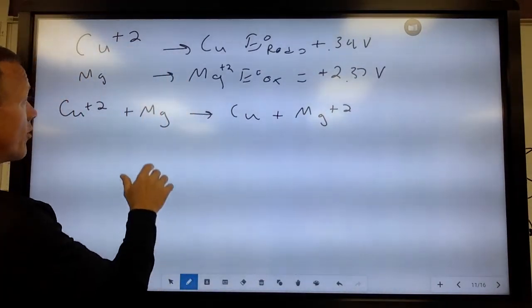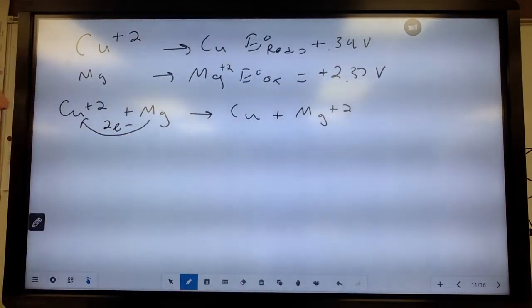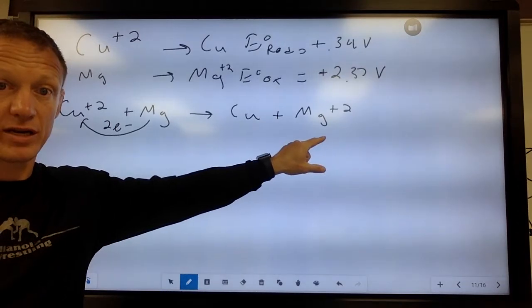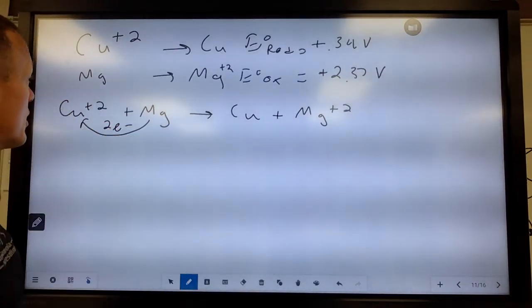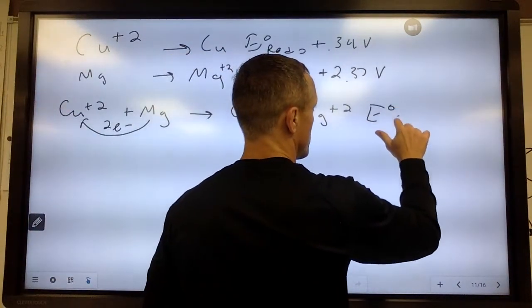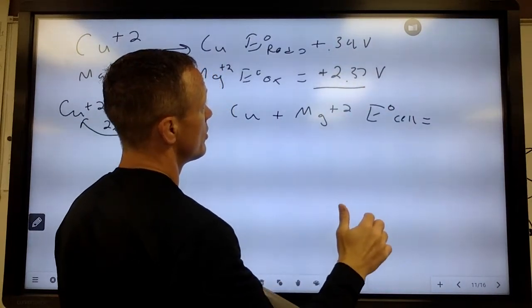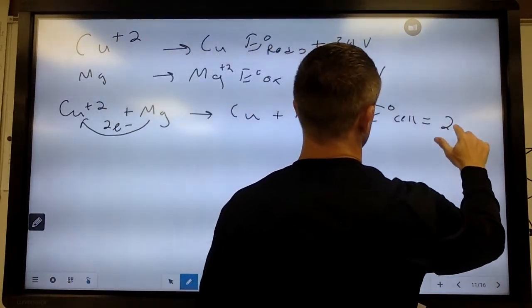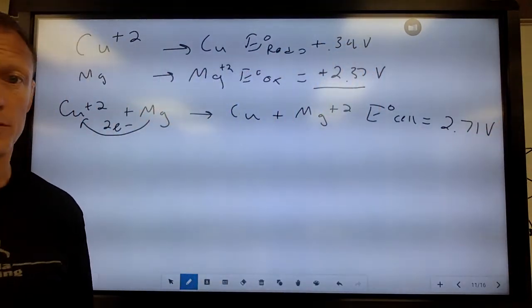And if we think about flow of electrons are going from there to there. Magnesium's losing 2 electrons, becoming plus 2, meaning it's dissolving. And copper plus 2 is gaining 2 electrons, being reduced. And our cell potential would be those 2 added together. So what is that? 2.71 volts as our cell potential.